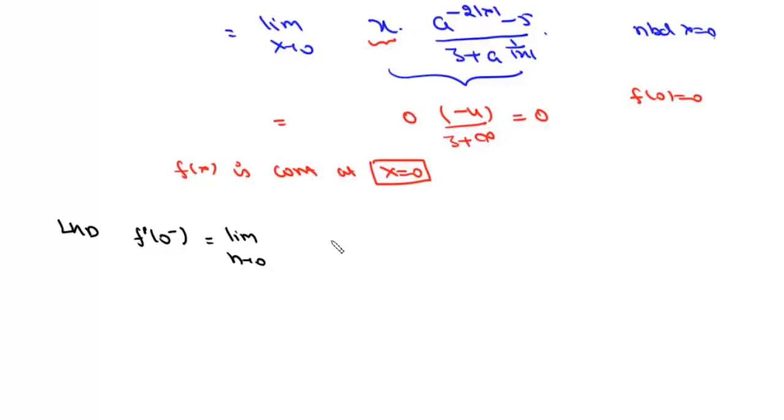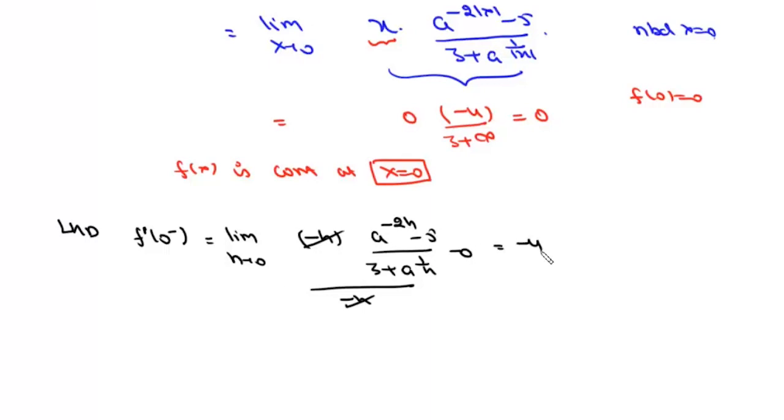Now f(minus h) will be minus h a to the power minus 2h minus 5 upon 3 plus a to the power 1 by h, minus 0, upon minus h. Now this minus h and minus h will cancel. Now we put this limit, this is minus 4 upon a to the power infinity is infinity. So it will be 0. So left hand derivative at 0 is 0.